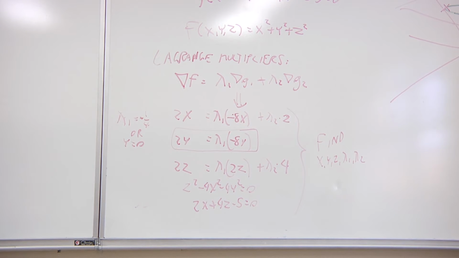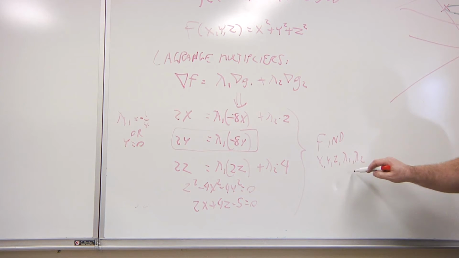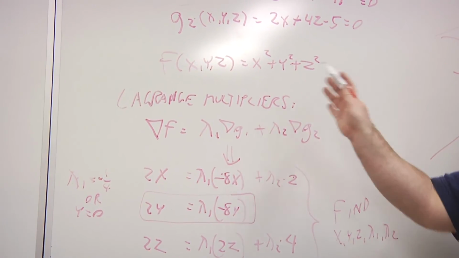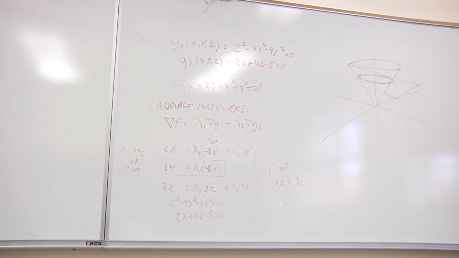So once you explore whatever paths work to get you to two possibilities for x, y, and z, which is really what you care about, just plug those in here and see which one gives you the shortest distance and which the longest.